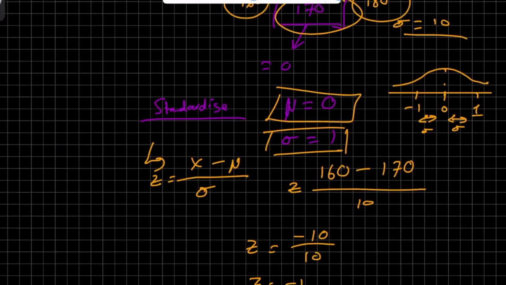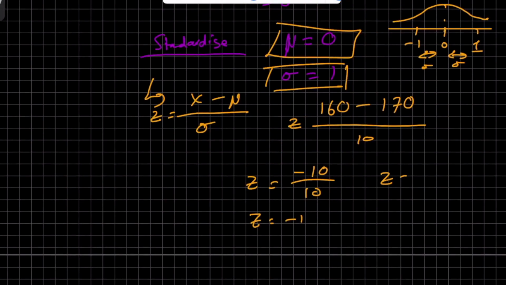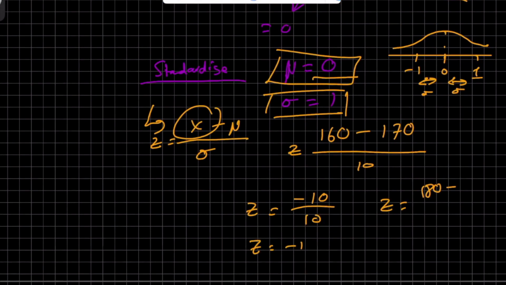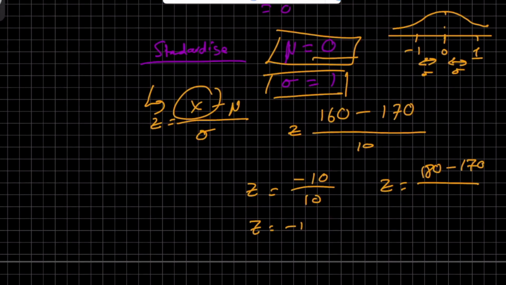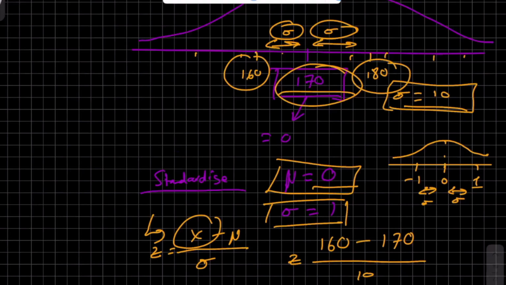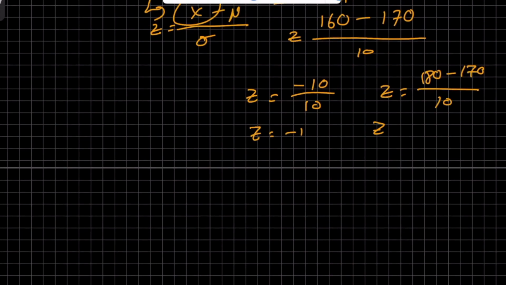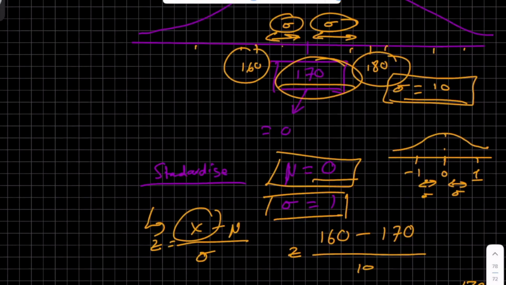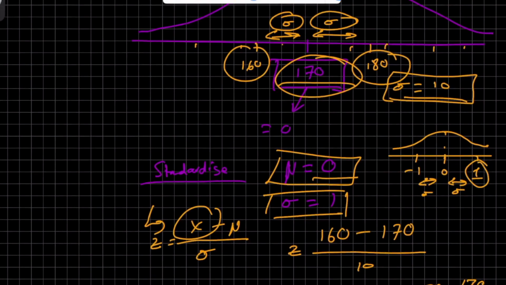So standardizing, we take our x, 180, minus our mean of our original graph, 170, divided by our standard deviation of our original graph, which was 10. This should give us 10 over 10, which equals 1. So our 180 now becomes a 1.